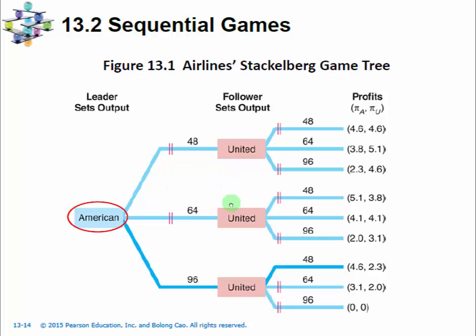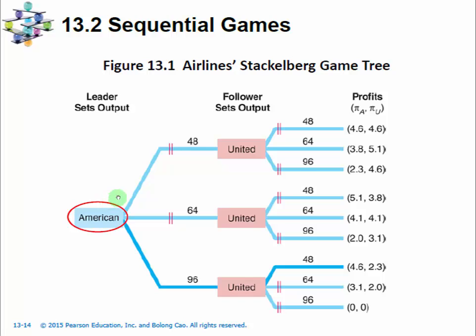In this setting, the follower can only choose its best response after the Stackelberg leader has chosen its own output level, so the Stackelberg leader can predict what the follower will do before the follower actually acts. The Stackelberg leader then uses this knowledge to manipulate the follower's decision when choosing its own output level.